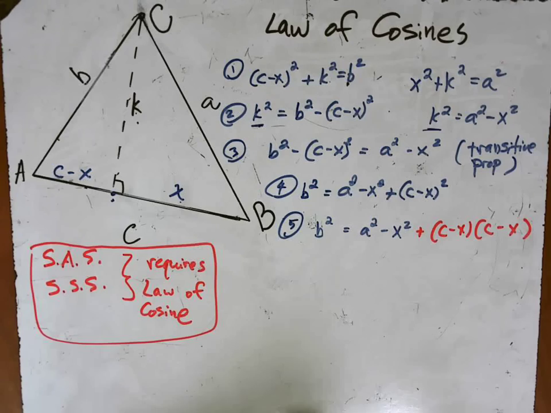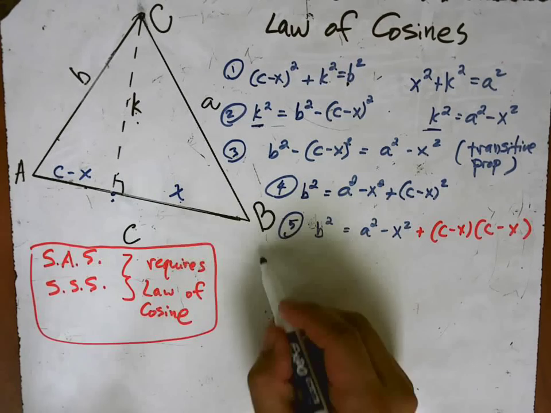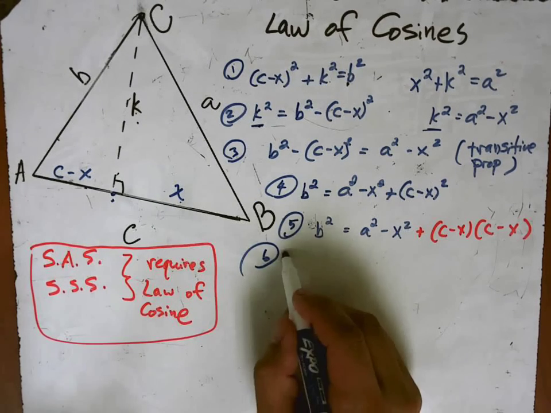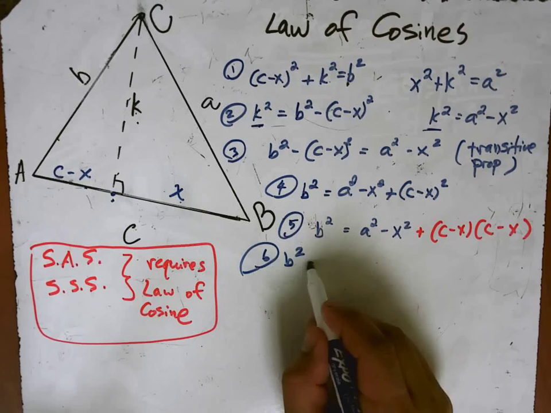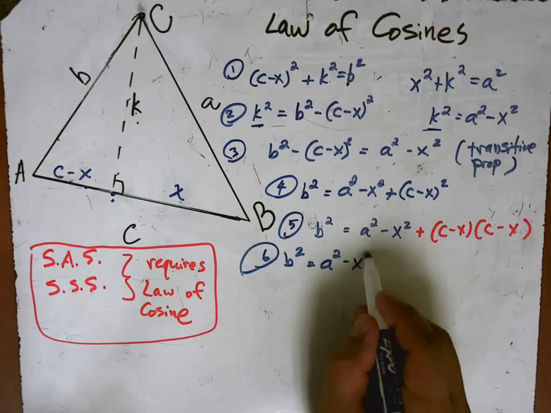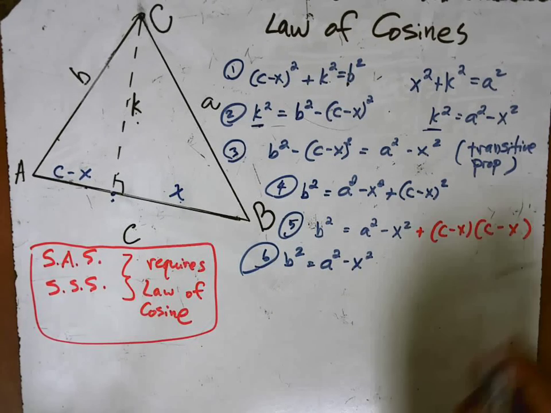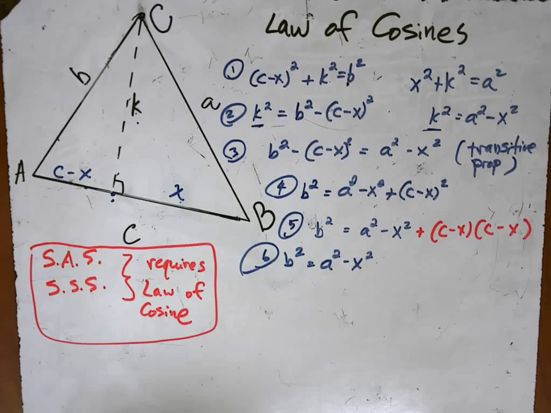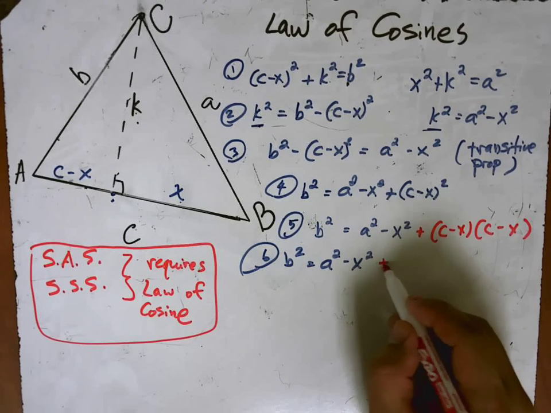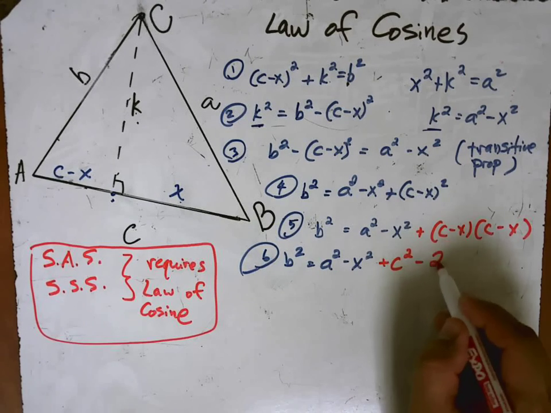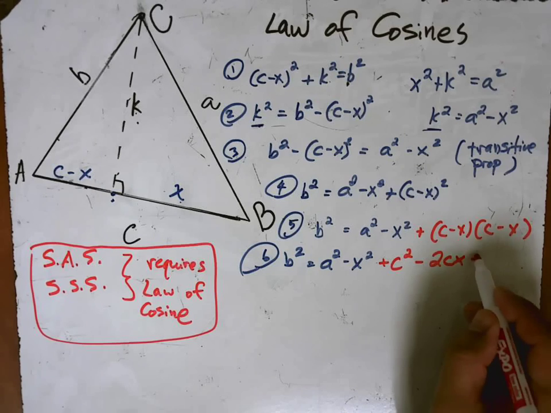Okay. So to expand on that, we're going to get b squared equals a squared minus x squared, and we can distribute this or FOIL it or however you want to call it, but we're going to get plus c squared minus 2cx plus x squared.